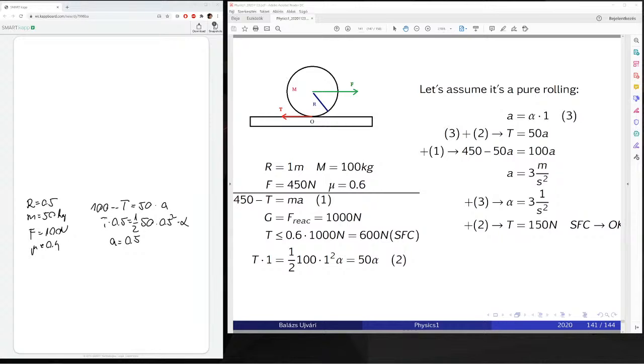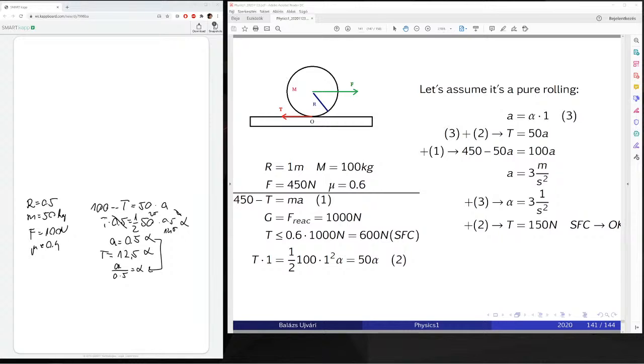Let's start with the second one. 0.5, 0.5. So here we have 25, 12.5. T equals 12.5 alpha. A over 12.5 equals alpha from this one.